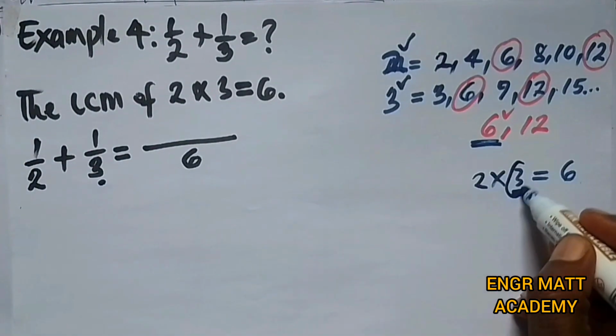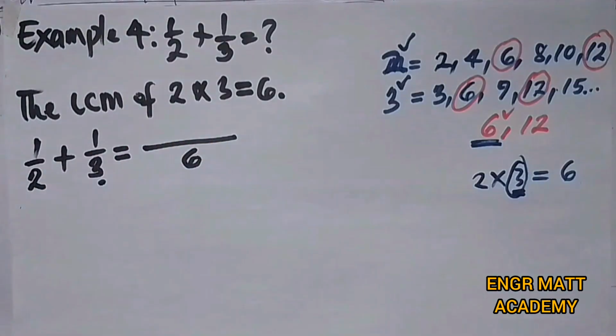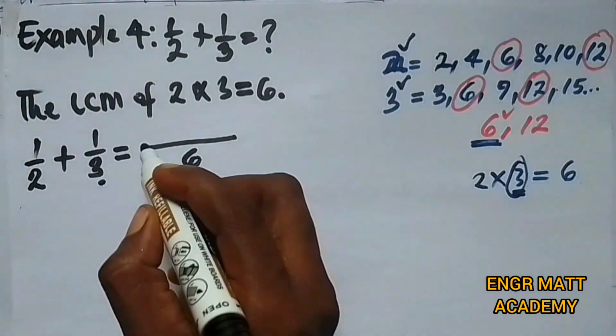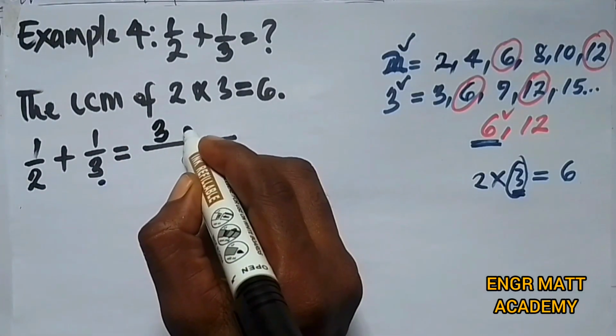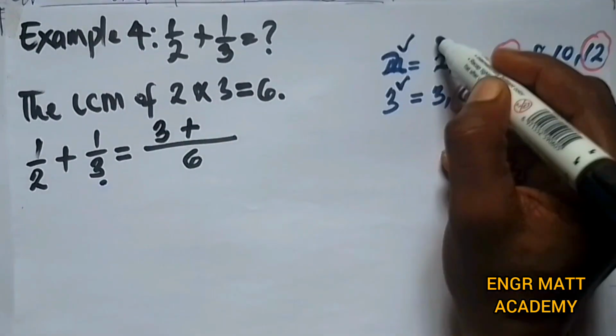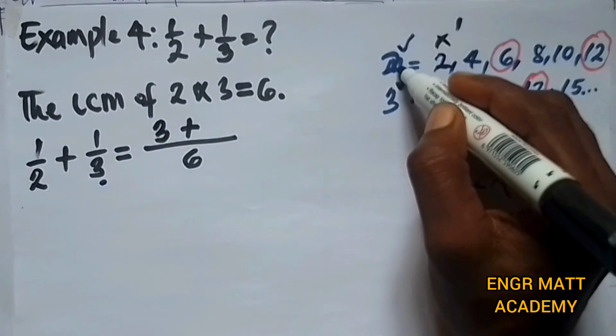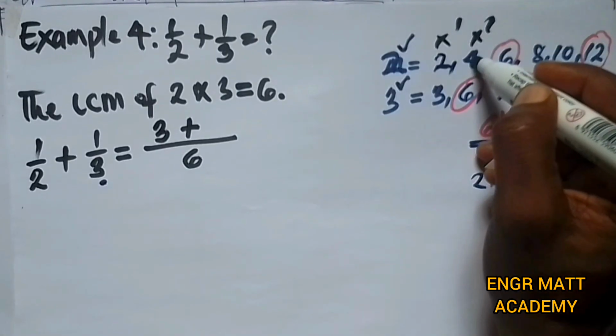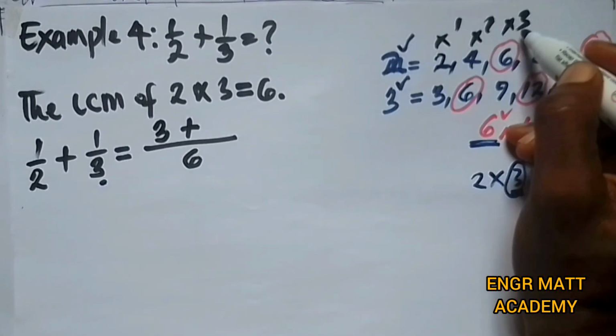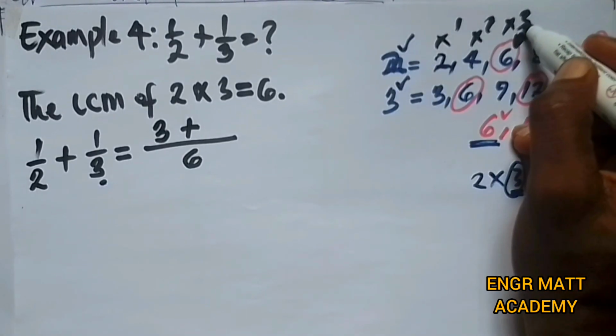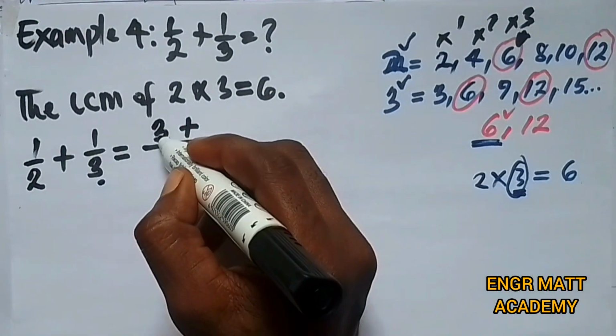So 3 times 1 will give us 3. Okay, let's make it this way. 2 times 1 is 2. 2 times 2 is 4. 2 times 3 is 6. Hence, we say 3 times 1 to give us this 3.